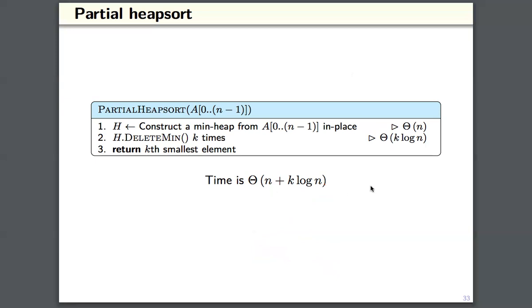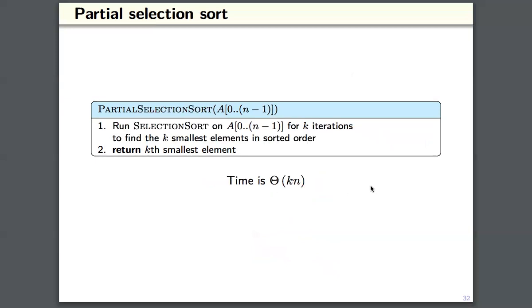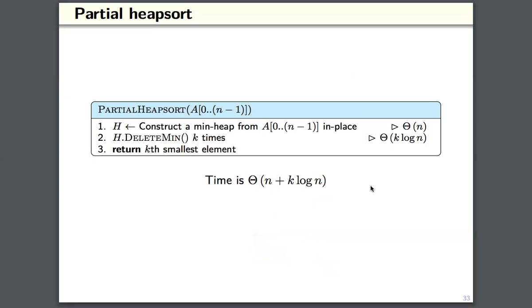Now, can you tell me if this is better than Kn? K log n is definitely better than Kn. And what about n? Of course, you have to scan. You cannot do better than linear.